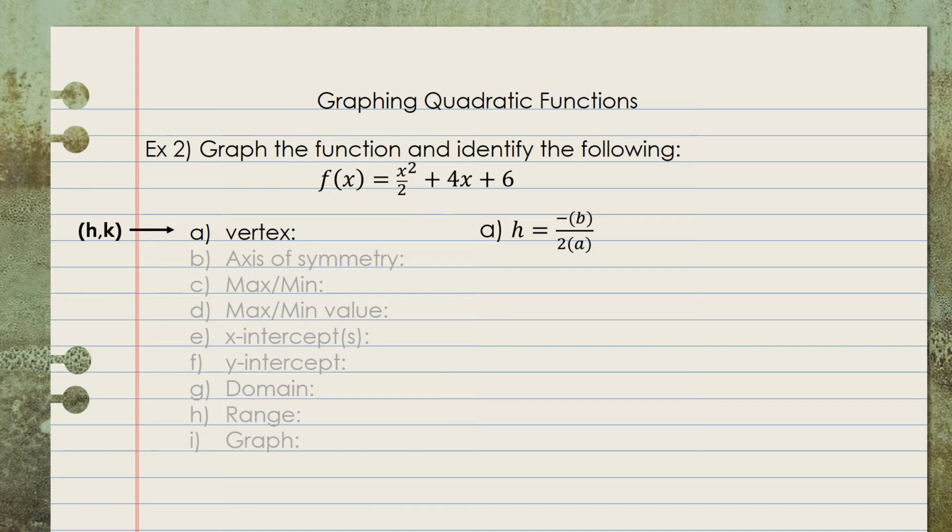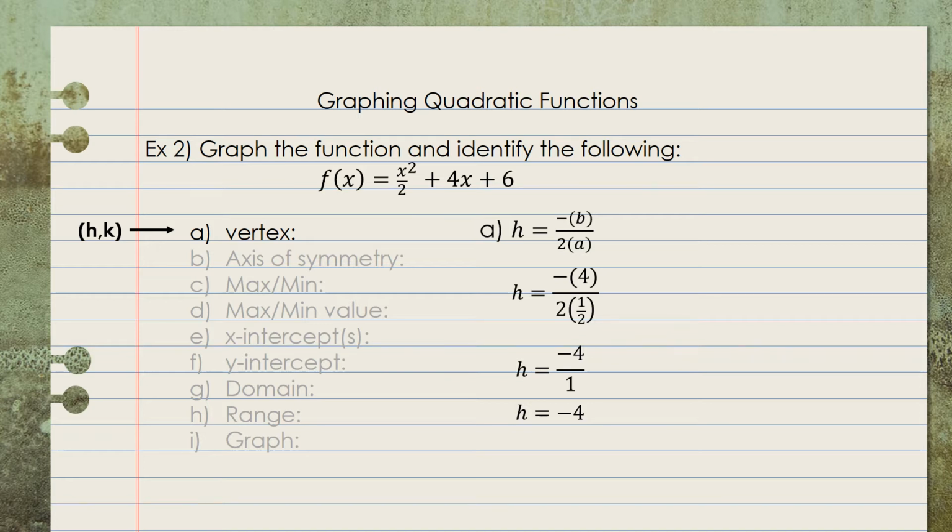Our a value is the number in front of x squared, which is going to be 1/2. So we have negative 4 over 2 times 1/2. In the top, we know the opposite of 4 is negative 4. And in the bottom, 2 times 1/2, well, that's 1. And so to simplify that fraction, we find h equals negative 4.